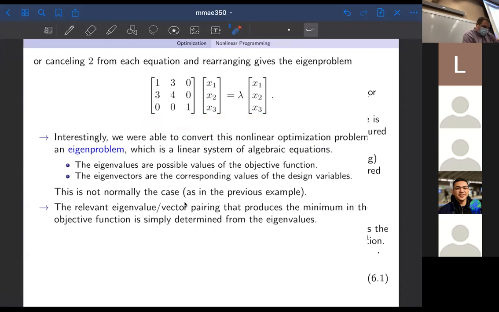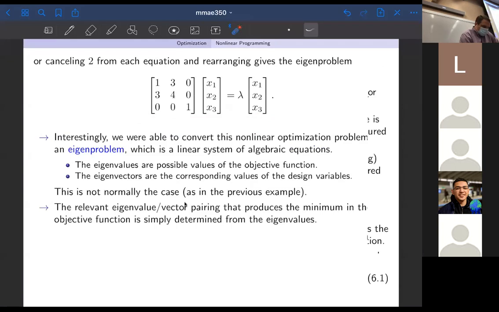All right, great. So I can solve this and get the values of f, those are the lambdas, and the corresponding x1, x2, x3 triplets. Those are the values of the corresponding design variables that give me those minimum or maximum values of f.